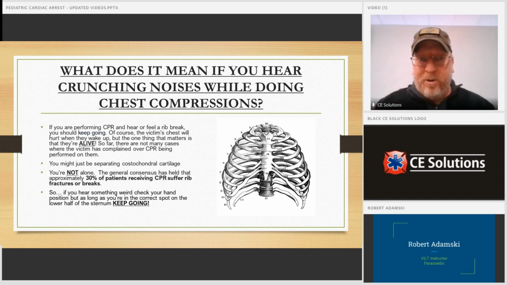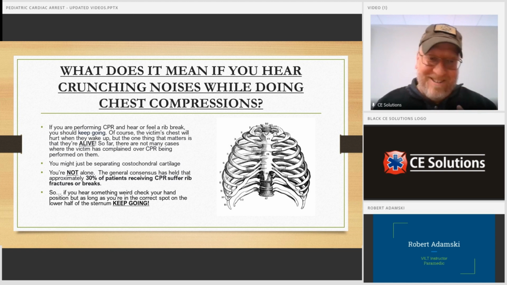So, if we hear crunching noises while we're doing CPR, what's actually happening inside our patient? What's the pathophysiology, or what's going wrong in our patient that we hear crunchy noises? All right. Realize that, traditionally, historically, the EMS myths and legends we hear is that if you're not doing CPR unless you're breaking ribs, okay?